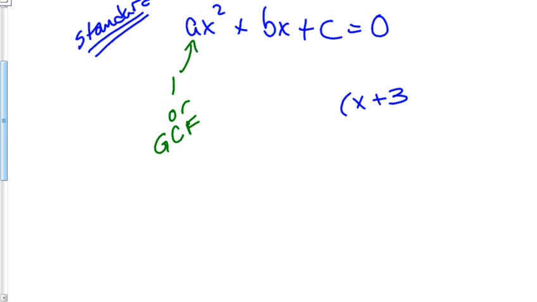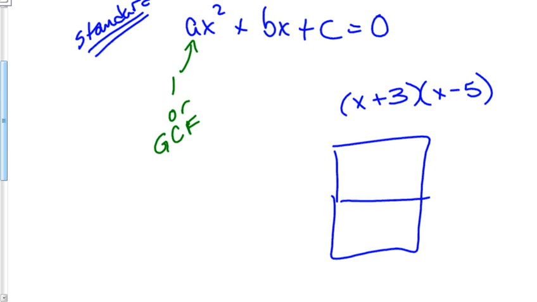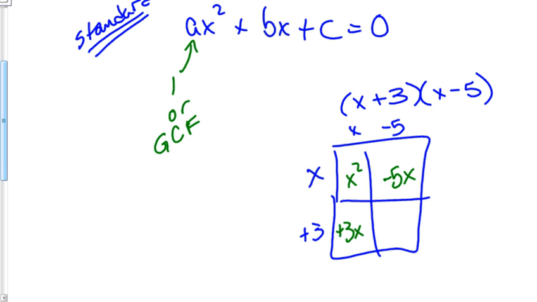If we have x plus 3 times x minus 5, and we use the box to multiply, you end up with x squared here, because that's x times x, and negative 5 times x, and positive 3 times x, and then negative 15 in this box.